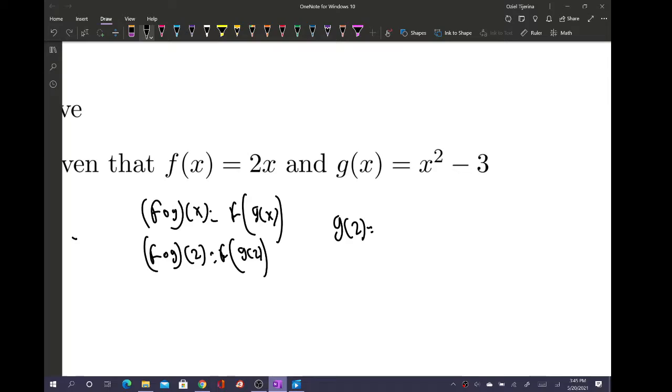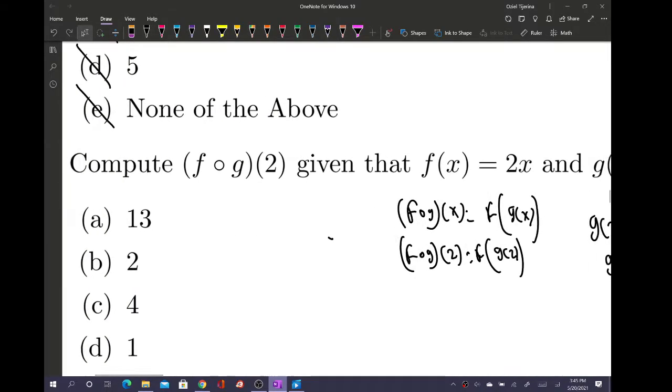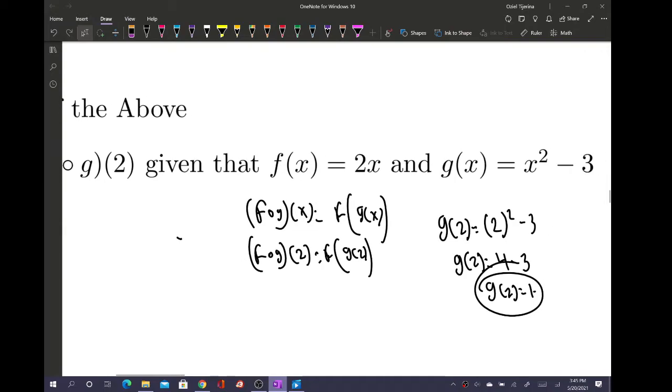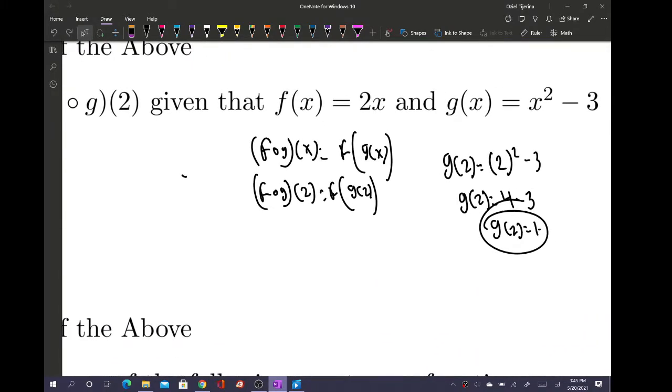G of 2 is going to equal the quantity 2 squared minus 3, which is 4 minus 3, which is just 1, right? Now, be careful. That's not your answer. You still have to plug in f of 1 for what g of 2 is.